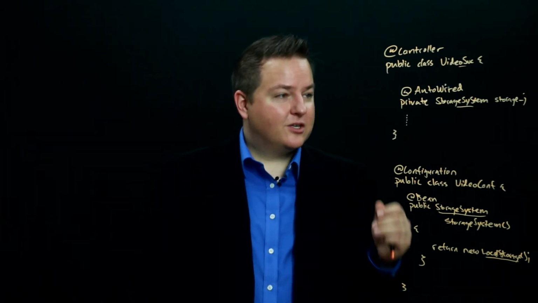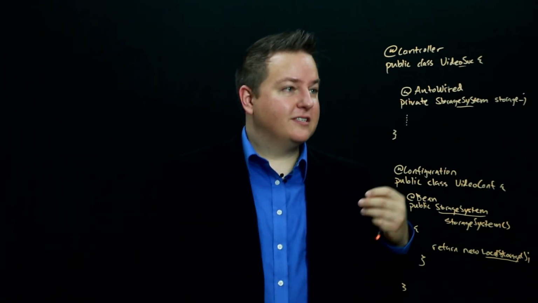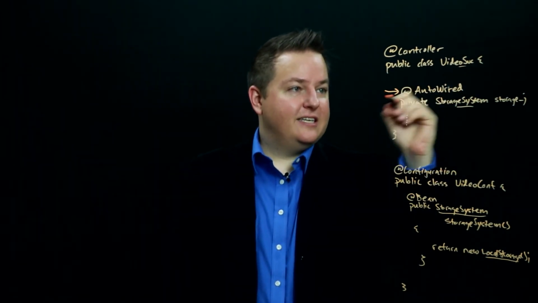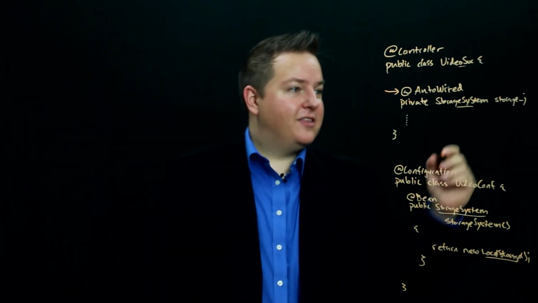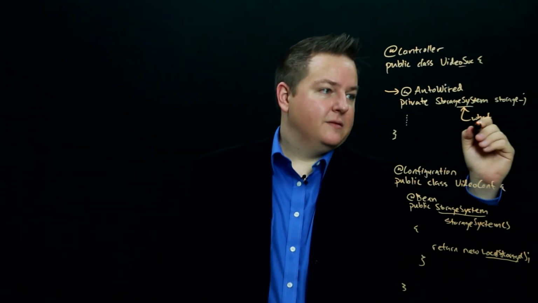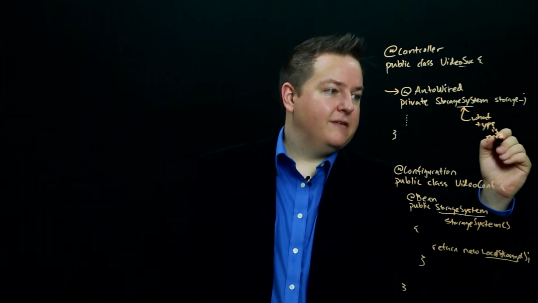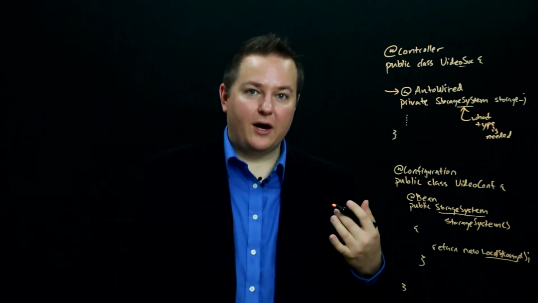So what's going on at runtime is when Spring instantiates your video service, it reads and sees @Autowired. It then says, what type do I need? And it looks at the type of the member variable that's being auto-wired.